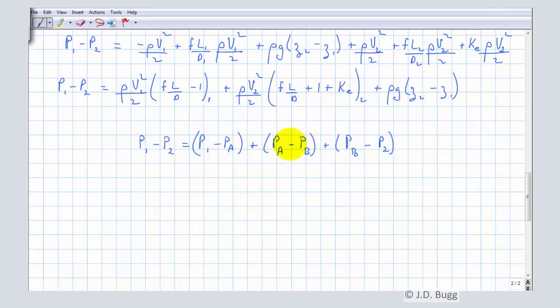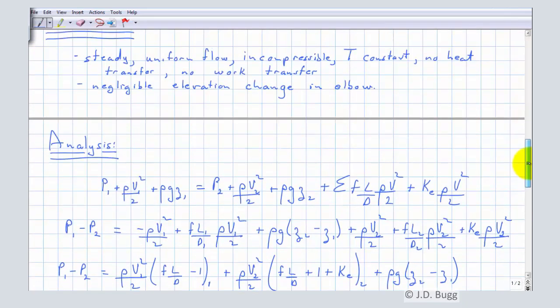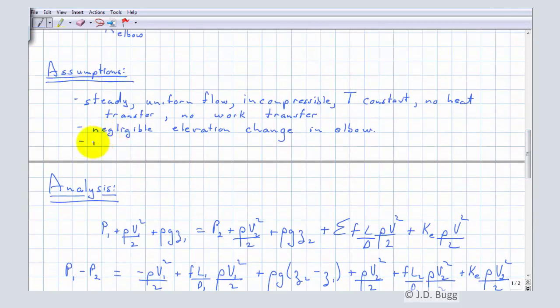Now, where do these three individual pressure differences come from? That's where the basic hydrostatic equation comes in. If I'm going to use the basic hydrostatic equation, I have to say that manometer fluids, not the fluid in the pipes, but the fluid in the manometer tubes, are hydrostatic.